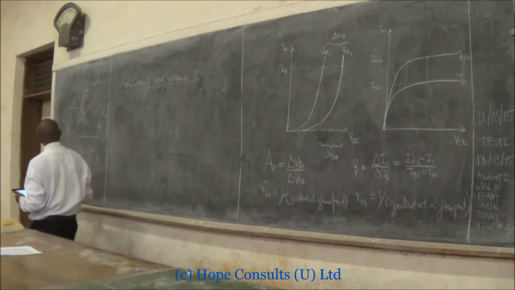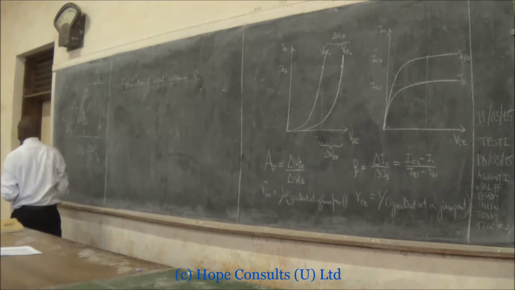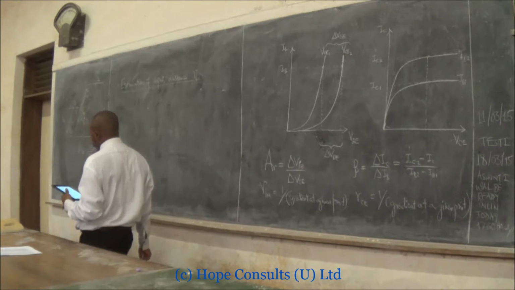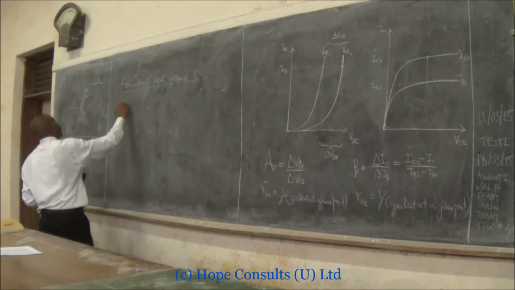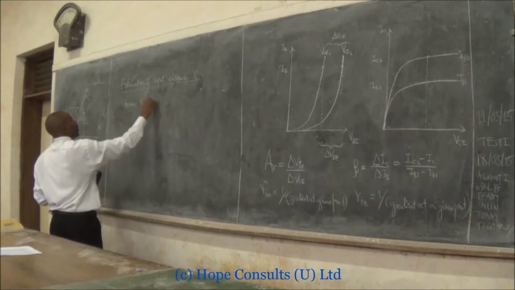Here, we want to find out the resistance that exists here, RBE. So assume the diode equation.